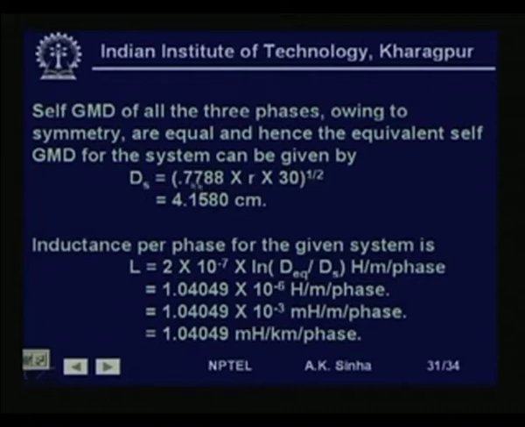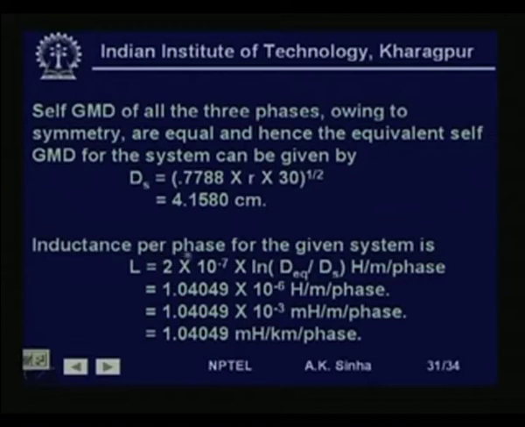The square root of this comes out to be 4.1580 centimeter. In fact, we could have taken all the 4 distances, as we have seen earlier. Now, you see this is much larger than 0.7788 into r, which is 0.74 centimeter. Therefore, bundling has increased the effective radius considerably.